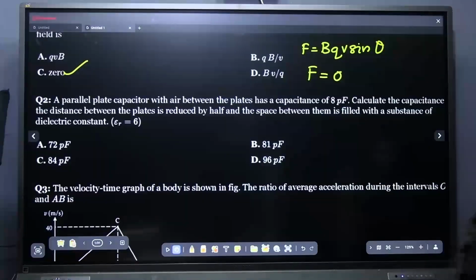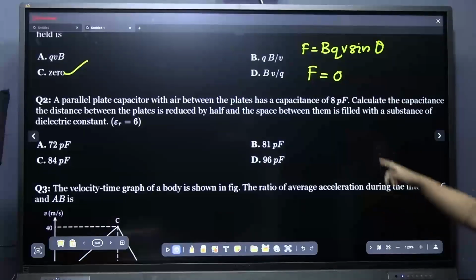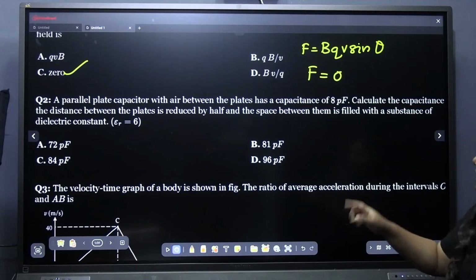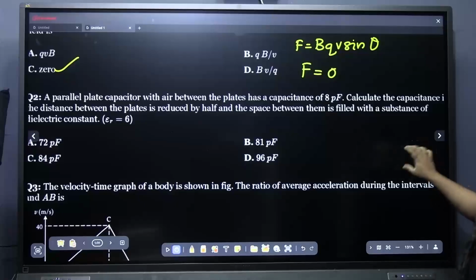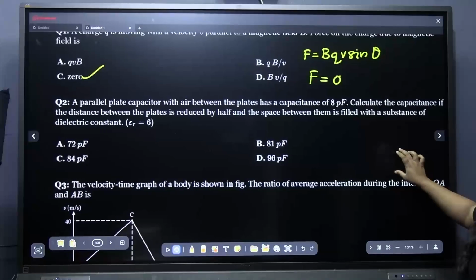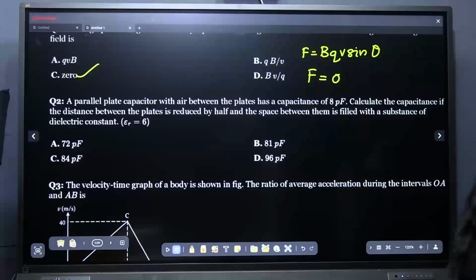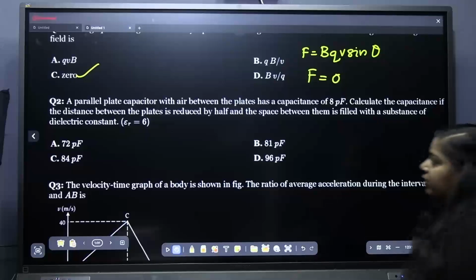Second question. A parallel plate capacitor with air between the plates has a capacitance of 8 picofarad. Calculate the capacitance if the distance between the plates is reduced by half and space between them is filled with a substance of dielectric constant epsilon r equal to 6.